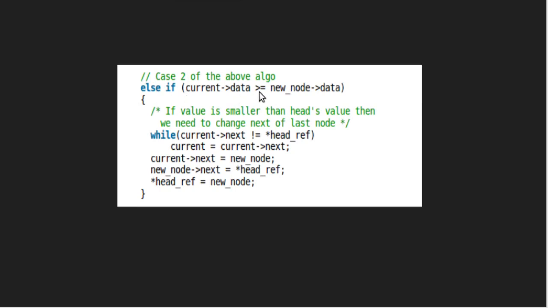Else if current dot data is greater than or equal to new node dot data, that is, the new node dot data is less than or equal to the data pointed to by head, while current dot next not equal to head reference, current equal current dot next. Current dot next equal new node dot next equal head reference, and head is pointing to new node at last.